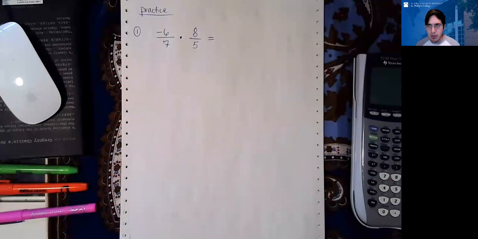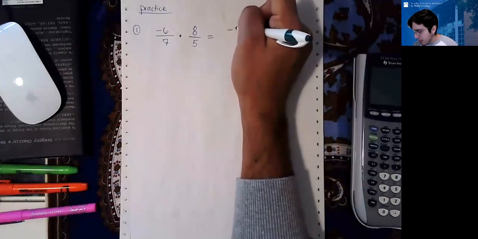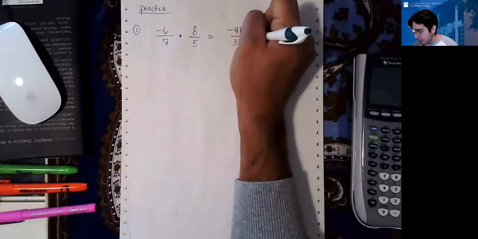How do I multiply these fractions? -48/35. There we go. -48/35. Perfect.